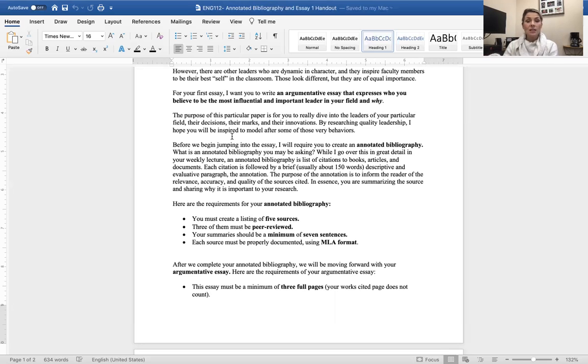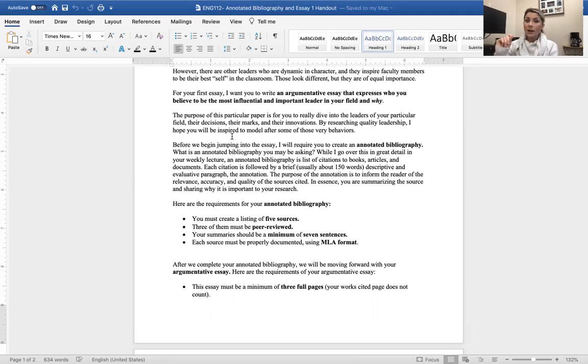Each citation is followed by a brief, usually about 150-word description and evaluative paragraph, the annotation. The purpose of this annotation is to inform the reader of the relevance, the accuracy, and the quality of the source that you plan to cite in your paper. In essence, you are summarizing the source and you are sharing why it is important to your research.